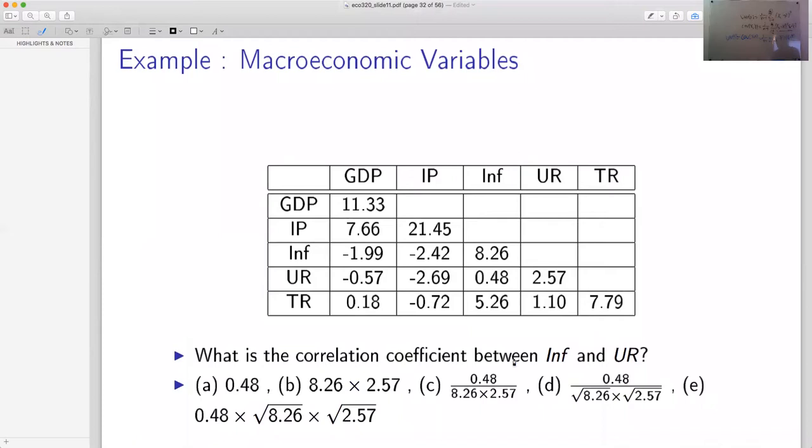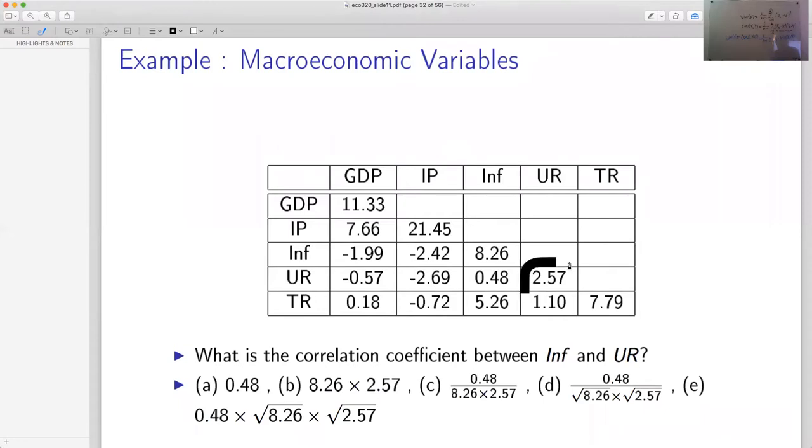This kind of thing is very useful because this is a covariance matrix, and this is a variance. And what is a standard deviation? That is the square root of a variance, right? For example, if you want to know the correlation coefficient between inflation and UR, you need to know the standard deviation of UR and inflation, right? So this is a variance. How do you get the standard deviation?